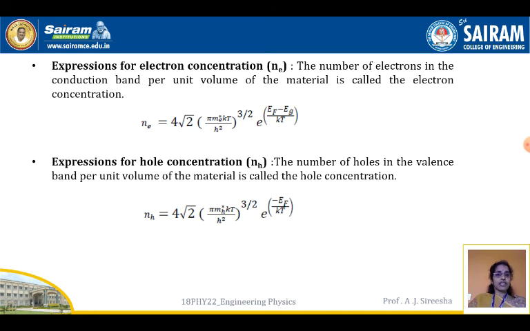The electron has moved from the valence band to the conduction band, crossing the energy gap as the temperature is increased. Therefore, the electron is free to move in the conduction band, leading to the electron current, and the vacant space left by an electron in the valence band is nothing but a hole. Since holes move in the valence band, they constitute the hole current. So this is the electron current and the hole current.